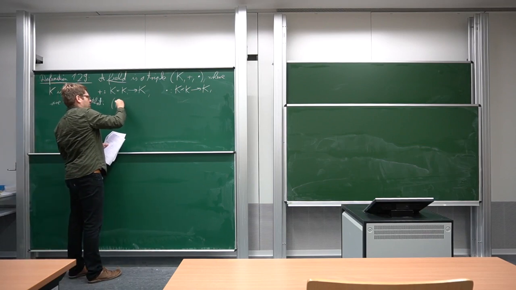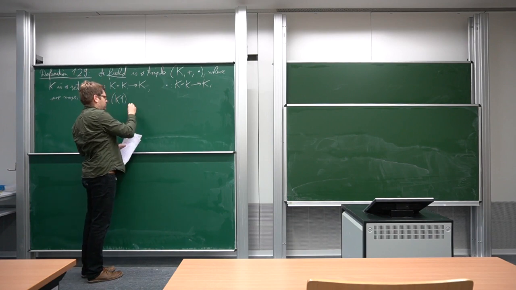We have three properties, axiomatic again: K1, K2, K3.